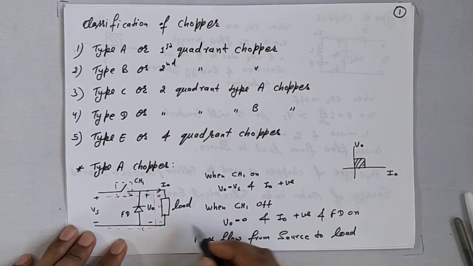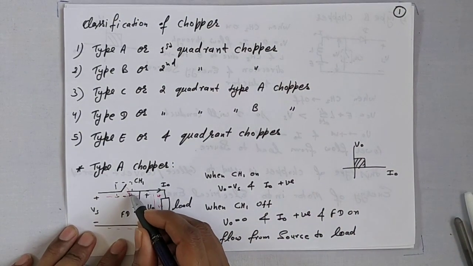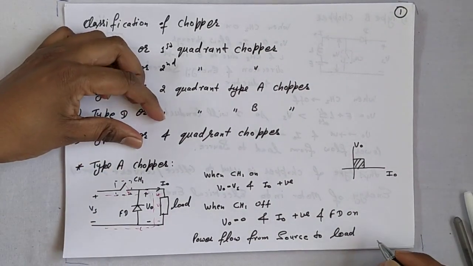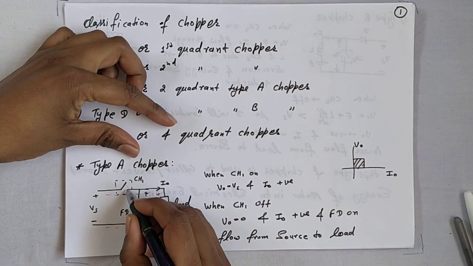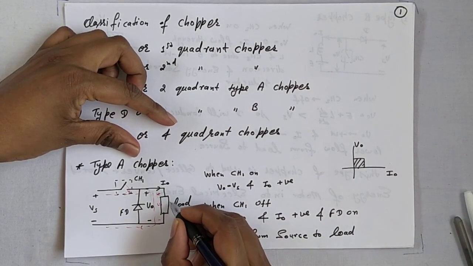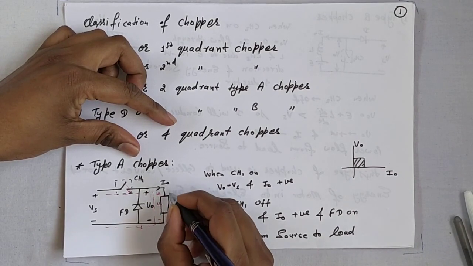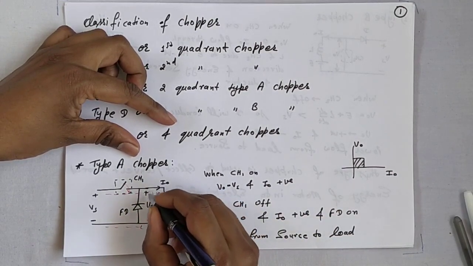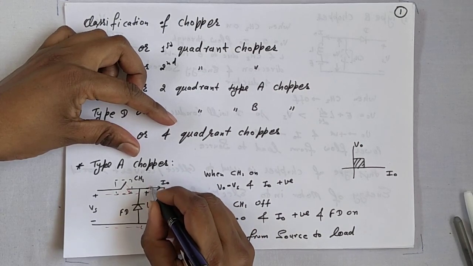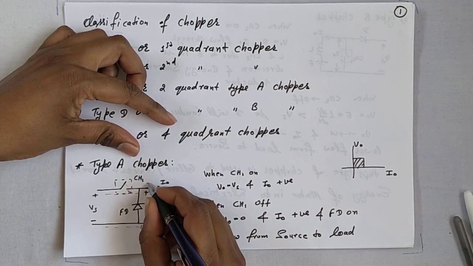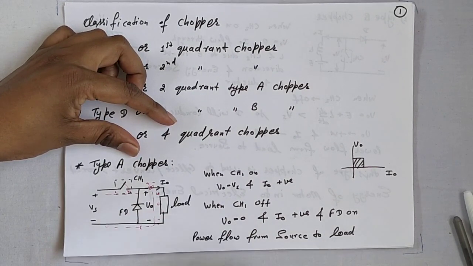Suppose when CH is off, it is not connected. Then what happens? The load contains an inductor. Suppose we draw the inductor in this manner. This inductor was charged with this polarity.